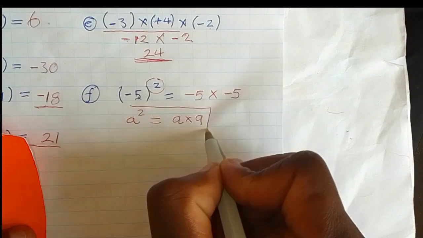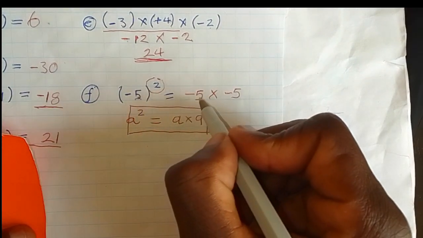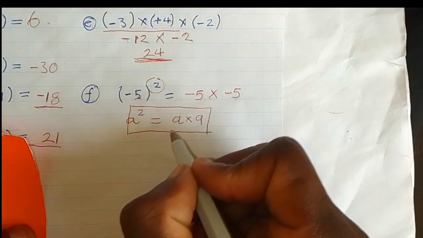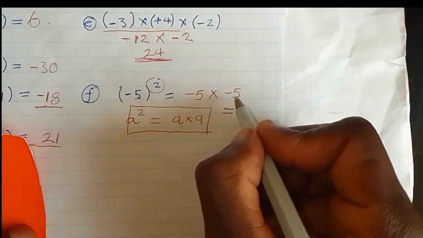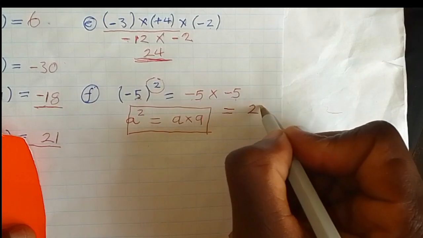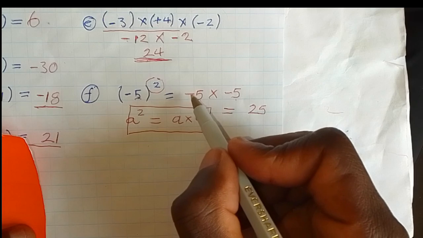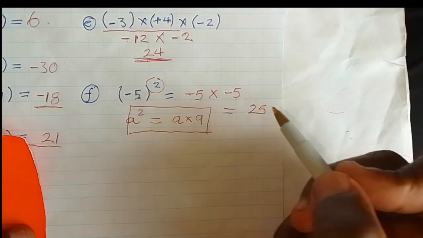I hope you can still remember this, guys. This is very important. Now we have negative 5 multiplied by negative 5. But first, let's multiply the numbers. 5 multiplied by 5, that's 25. Then, considering the sign of the answer here, the final sign, negative multiplied by negative.